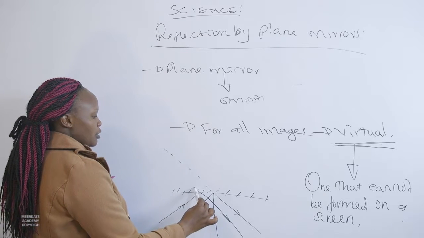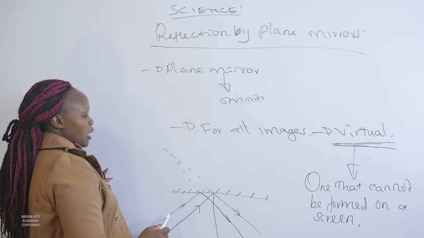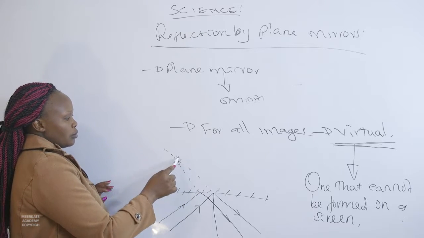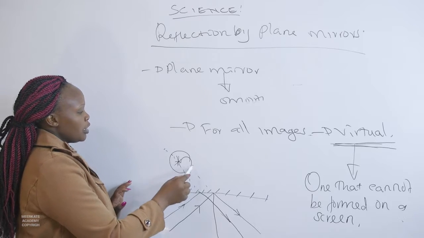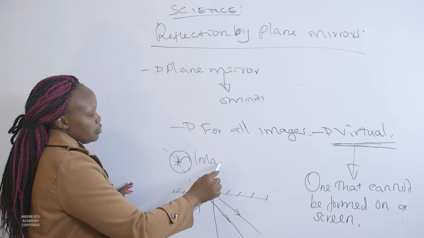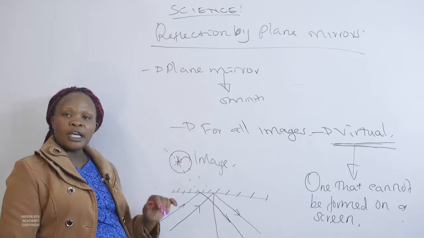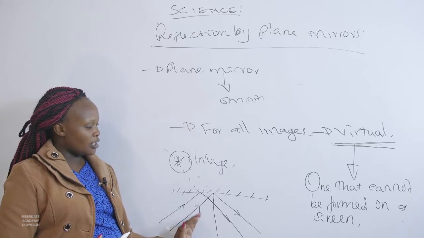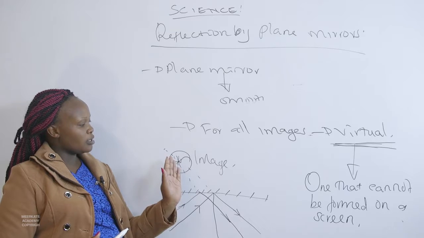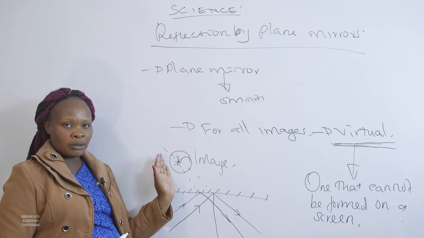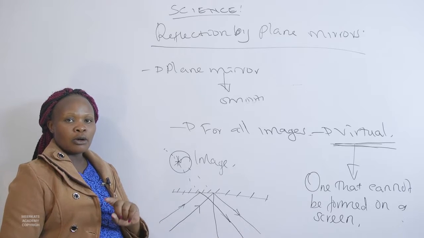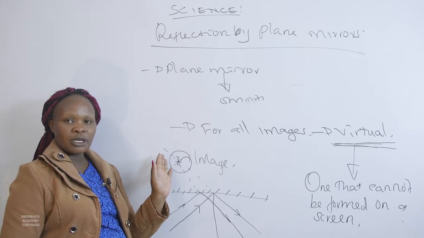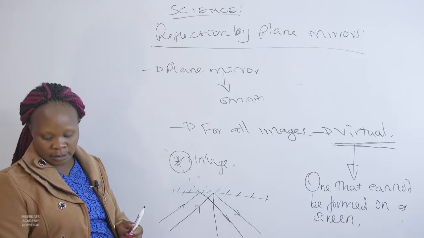Again, it appears to come from some place. The two will meet at some point behind the mirror, and this is where our image is going to be observed. Therefore, you can clearly see that the rays are not actually passing through the point where our image is formed. Rather, after reflection, they only appear to come from that point.